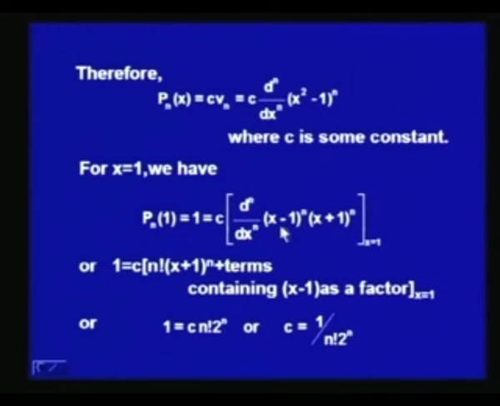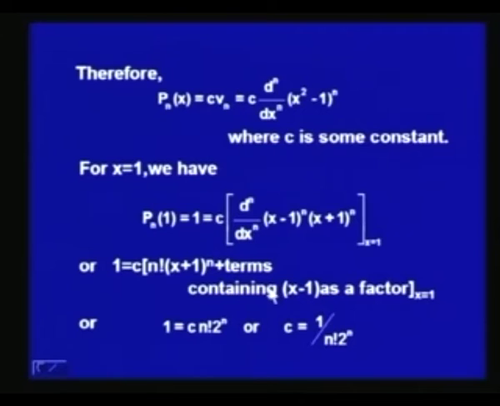So, when you differentiate (x − 1)^n n times, you get n factorial into (x + 1)^n, plus then in the next term, making use of the Leibniz theorem, you will differentiate (x − 1)^n n − 1 times, (x + 1)^n once, and then multiply by nC1.